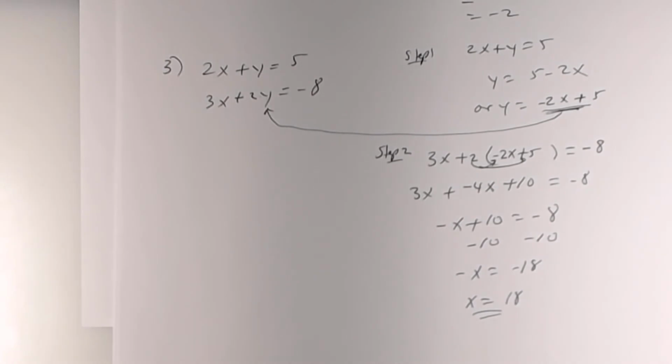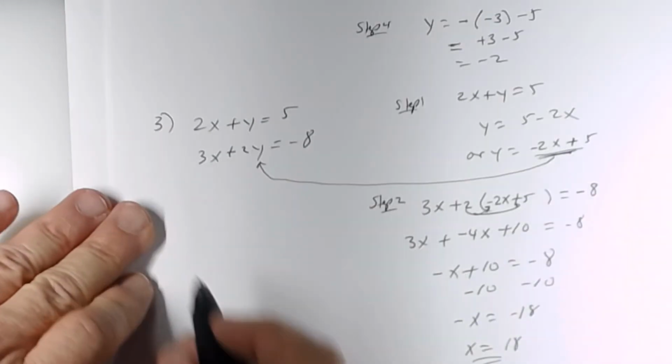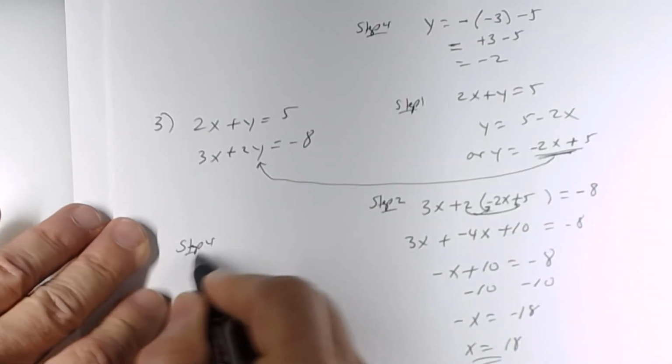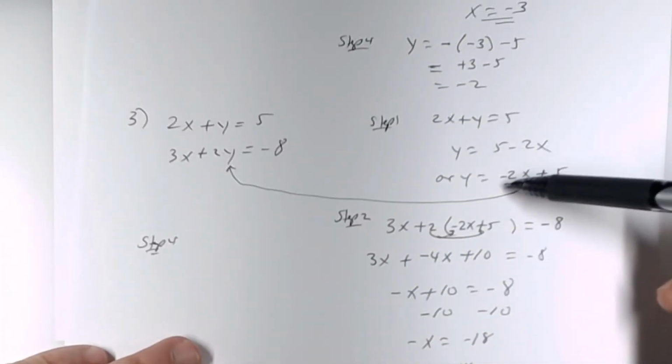So if I were to graph those two lines, they would intersect when the x-coordinate is 18. Now let's find the y-coordinate. So I would go back to step 1 because that's where I have y already by itself. So step 4, you go back to step 1 right here.